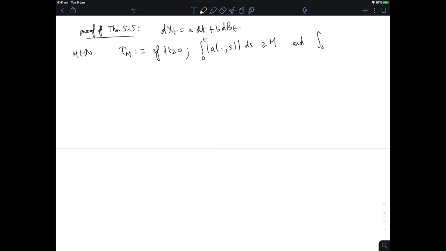The integral of b squared is not too large, it's above m after that, and I also need the integral of bs dBs, not squared, in sup norm to be not too large, so it gets above m after that.